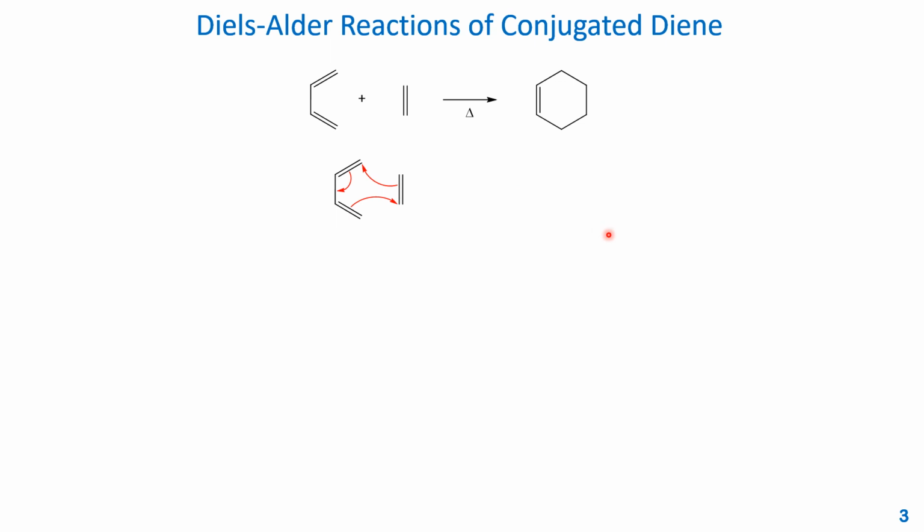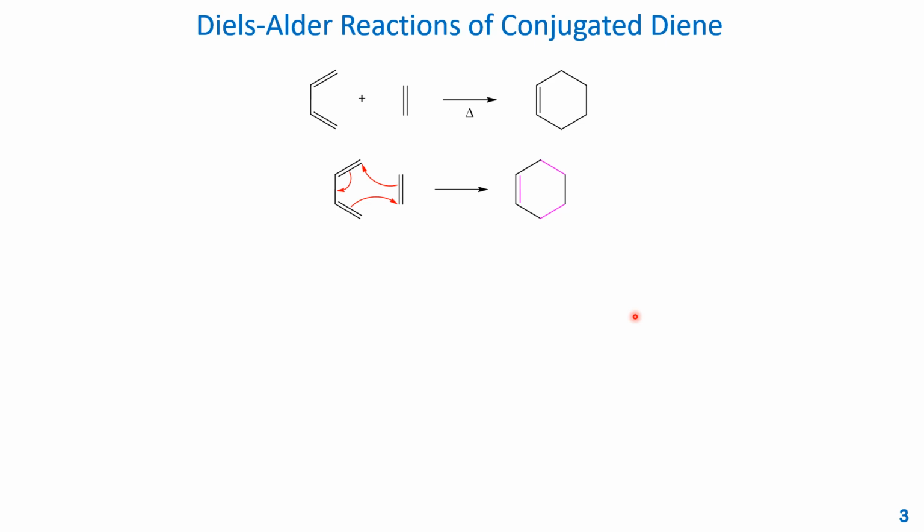So you form the cyclic product, and you can see I use the pink color to highlight the newly formed bonds, 2 sigma bonds and 1 pi bond here. So that is the arrow pushing mechanism of this Diels-Alder reaction.